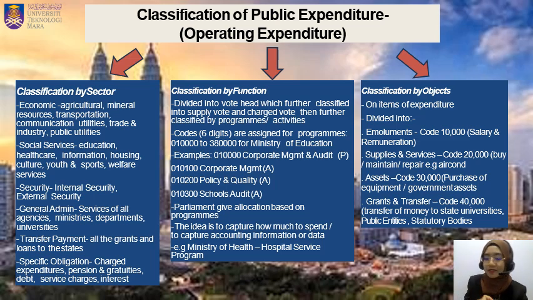For example, not pension, sorry, the benefits, allowance, rewards, for the grants and the transfer. Okay, so these are the classification for the public expenditure under operating expenditure.